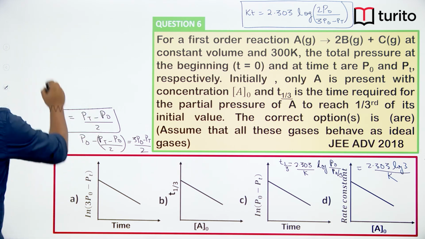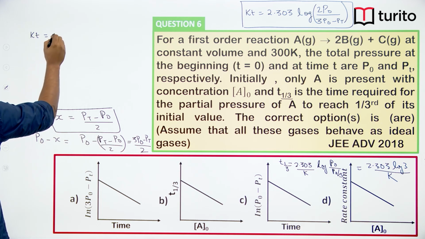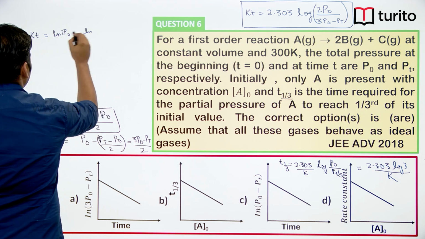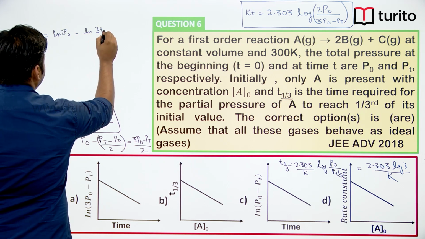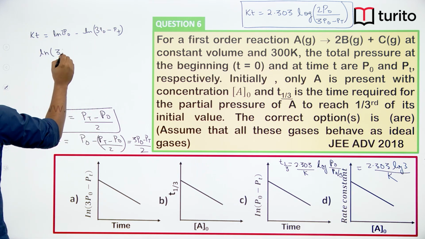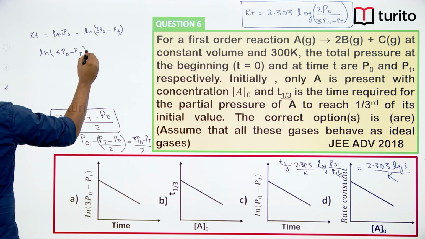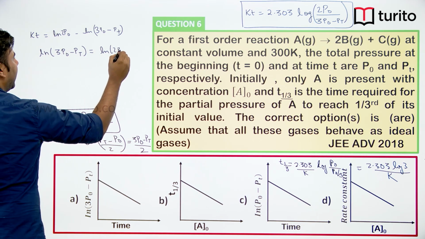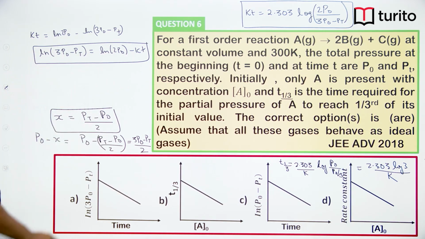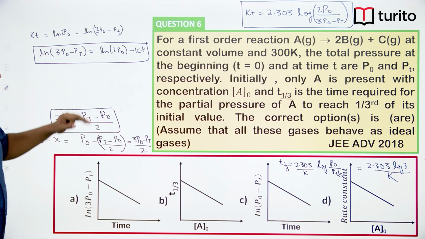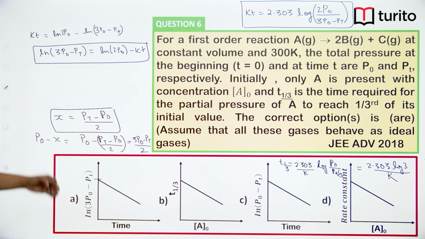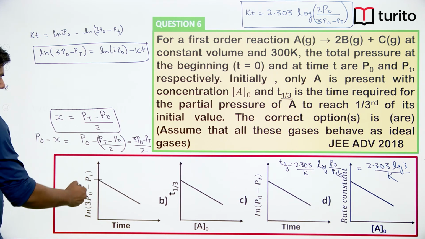If I write this equation, Kt equals ln P naught minus ln 2 P naught minus ln 3 P naught minus Pt. So I can write ln 3 P naught minus Pt equal to ln 2 P naught minus Kt. So if you plot ln 3 P naught minus Pt versus T, it will have an intercept of ln 2 P naught, and the slope would be negative. So this is the correct graph.